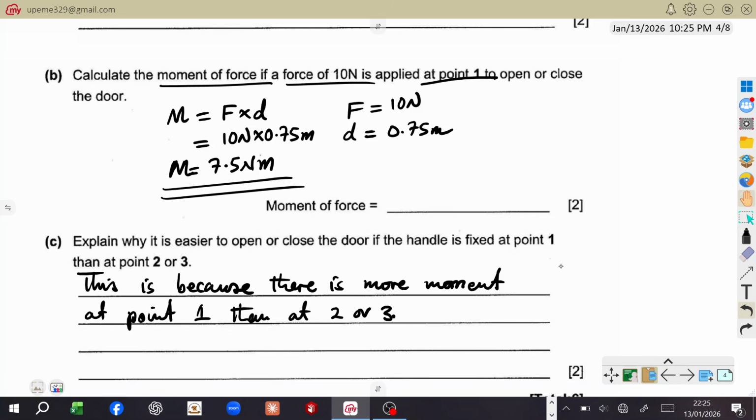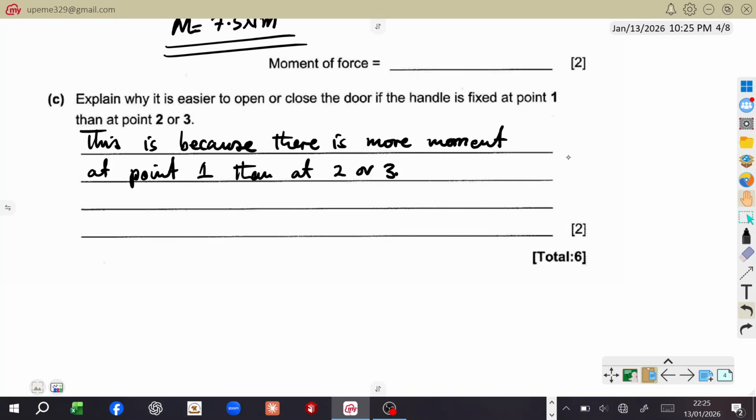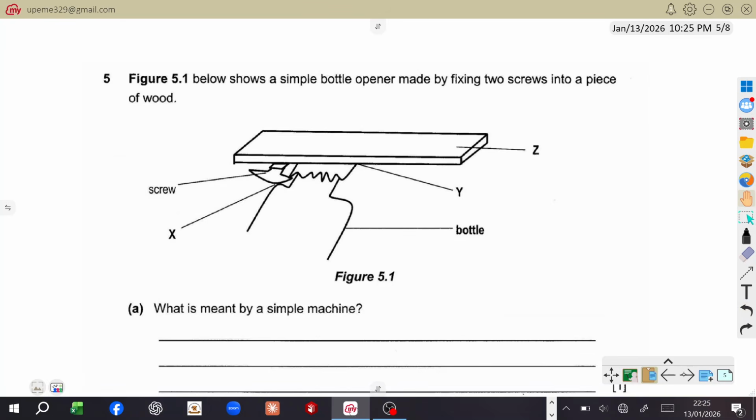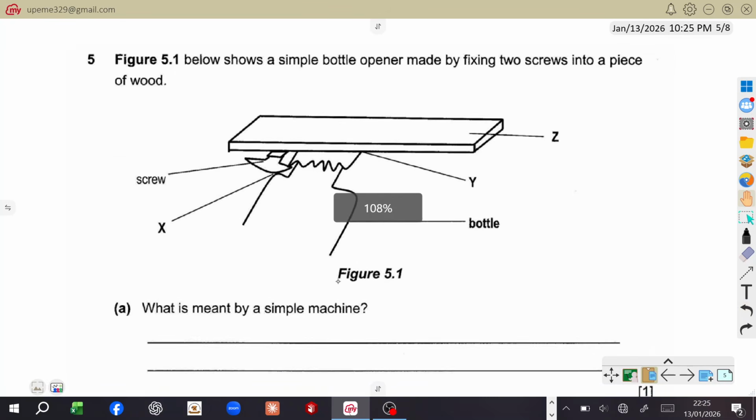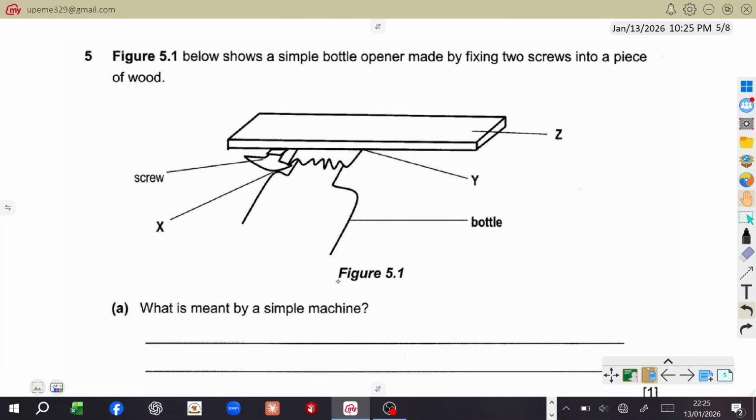Okay, then we go to another question here. Someone looking at this question will never think it is on moments. They're saying figure 5.1 below shows a simple bottle opener made by fixing 2 screws into a piece of wood. So there's a simple opener for opening bottles.